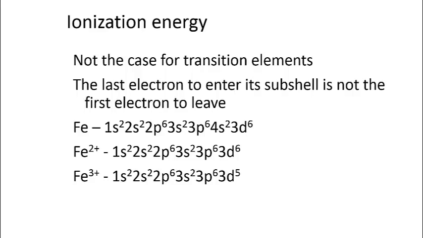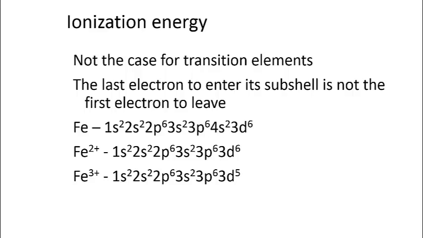Now, in order for iron to form Fe2+, iron must lose 2 electrons from its 4s subshell. Thus, the electron configuration for Fe2+ is equal to 1s2, 2s2, 2p6, 3s2, 3p6, 3d6, because it lost 2 electrons from the 4s subshell. Remember that the 4s subshell is the subshell with the highest principal quantum number, n, so those will be the first electrons to leave.